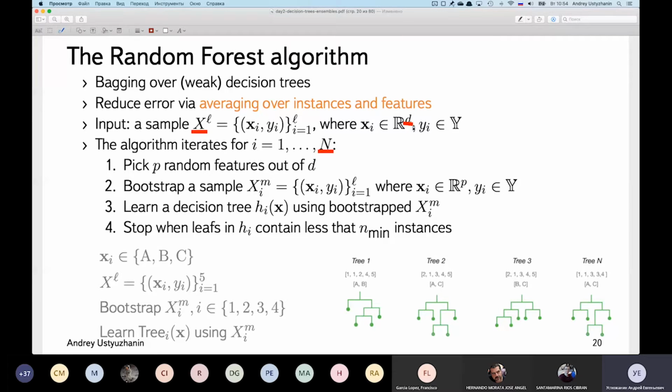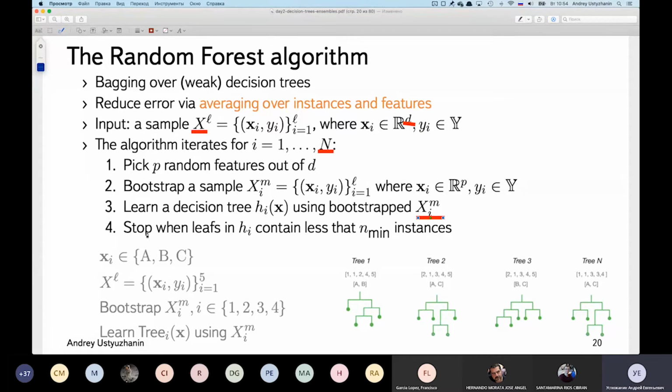So d is the dimension of the training sample, of the feature vector. And then we make a bootstrap of this sample. So we pick some number of bootstrapping, and then we learn a decision tree using those bootstrapped samples.